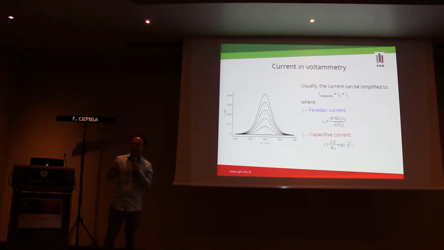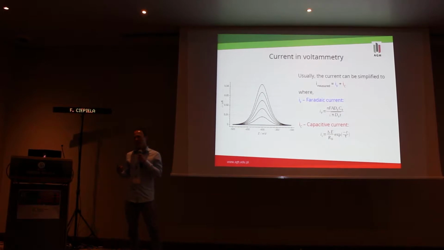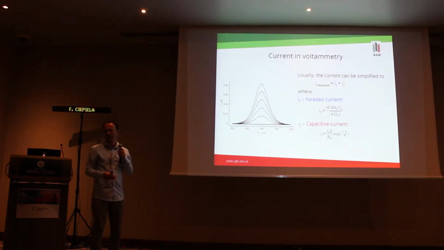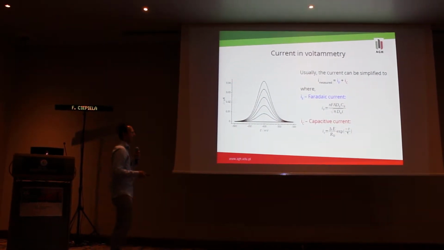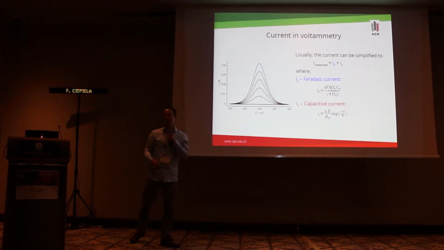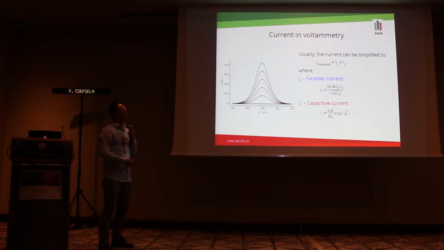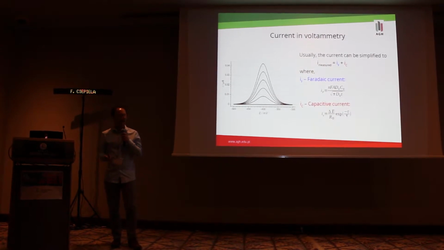In very high simplification, the current that we are measuring can be expressed as a sum of two subcurrents. One will be faradaic current and the other will be capacitive current. In my talk, this faradaic current I will show in blue color, and capacitive current I will show in red color. And if the plot is black, it means that's how it was actually measured.